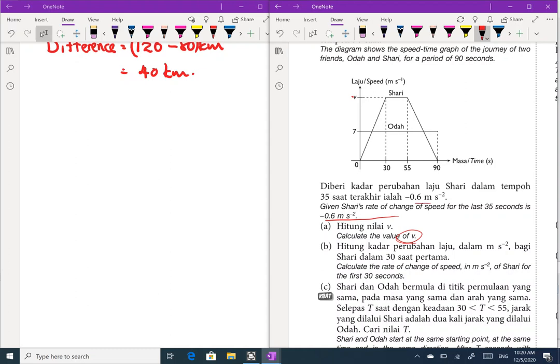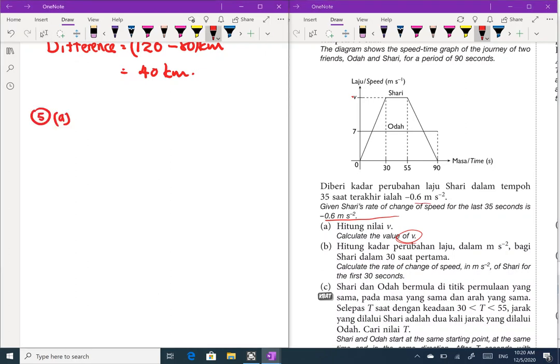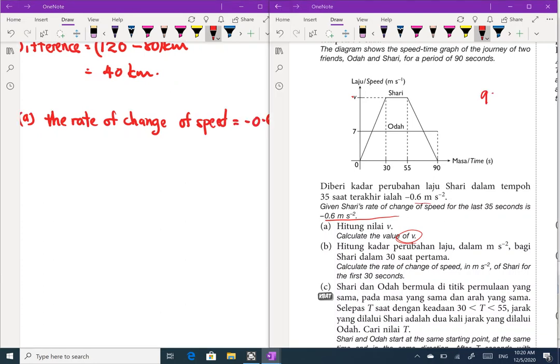Question 5A. The rate of change of speed for the last 35 seconds is negative 0.6. Can you tell me what the last 35 is? 90 minus 35 is actually 55. So that means from here to here. The rate of change of speed is our gradient.